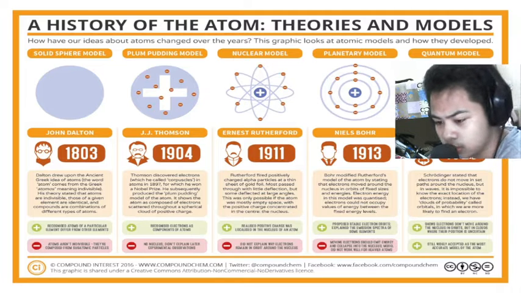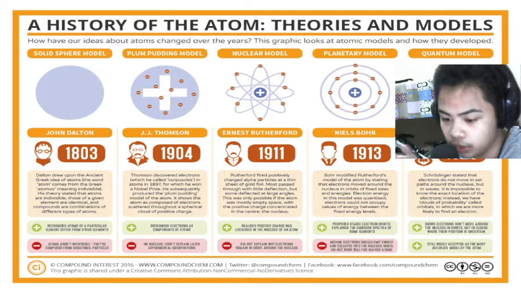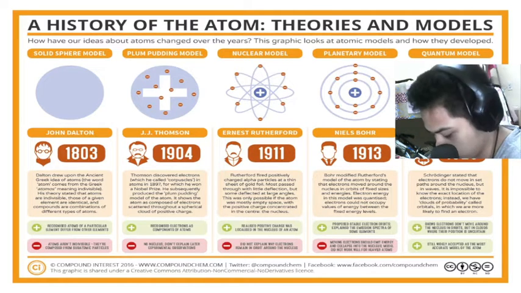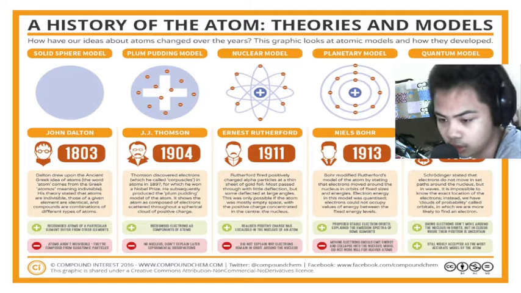But this didn't explain why there were revolving negative particles around the nucleus. In that case, we were shown that these are in open space and that the center is the nucleus.